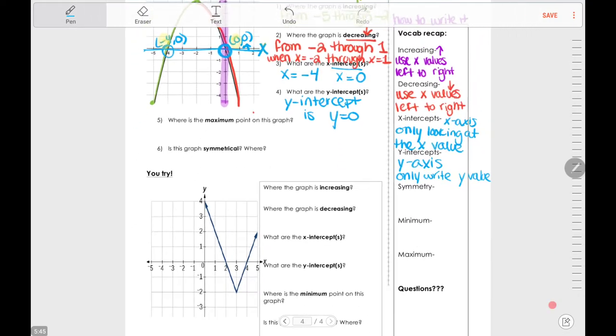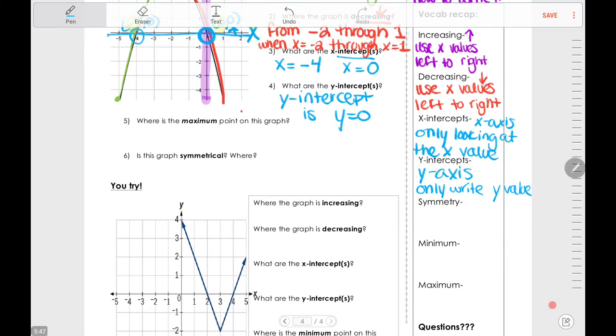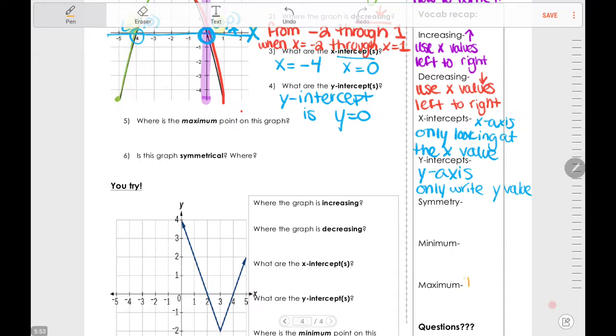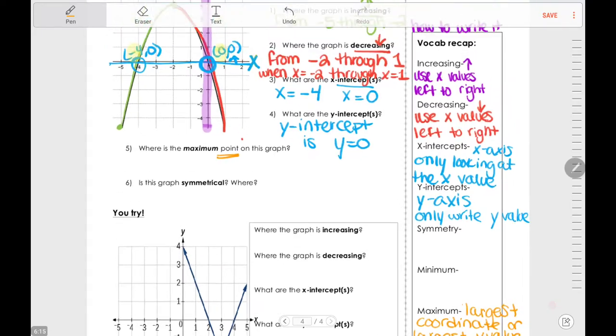All right, so the next question is about the maximum. So I'm going to skip down here. Maximum is the largest coordinate or the largest y value. Okay, this specifically asks for a coordinate, but I also want us to write it as that y value.